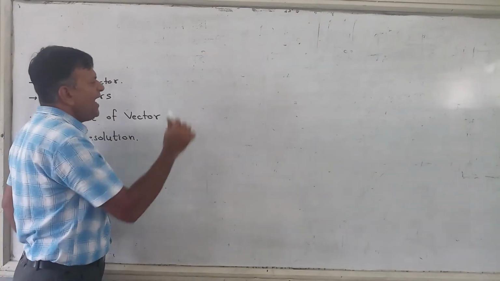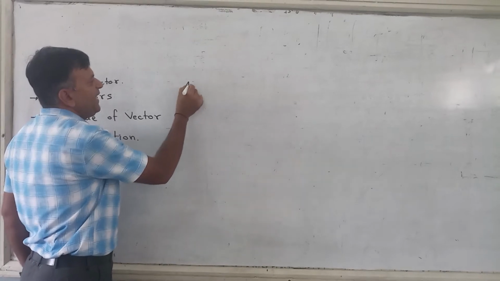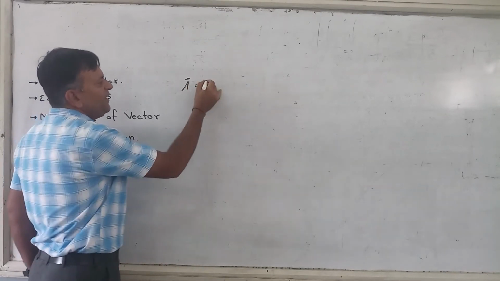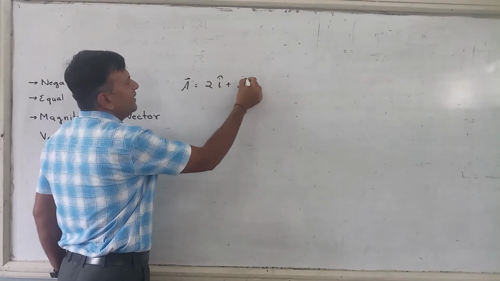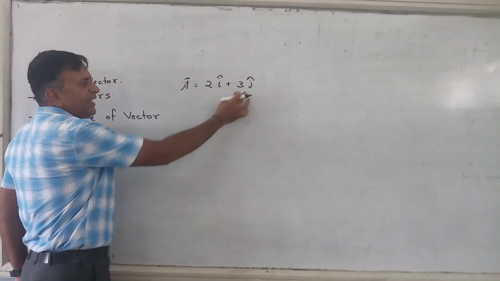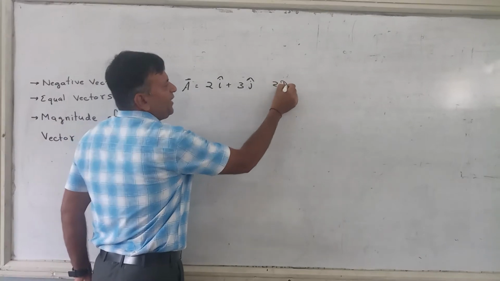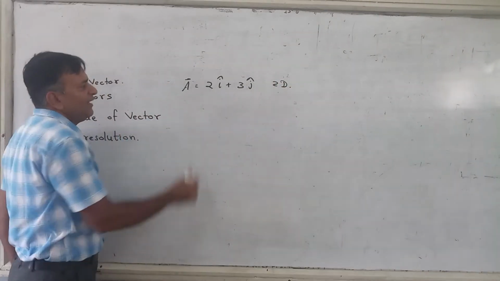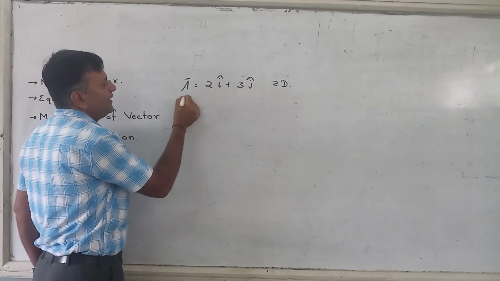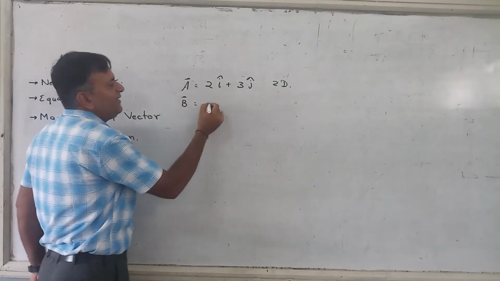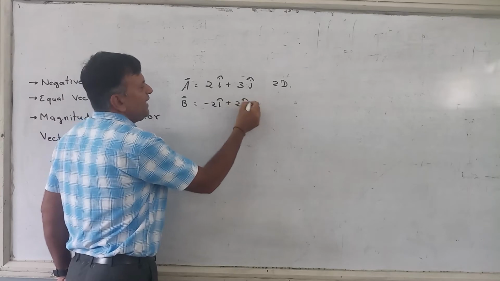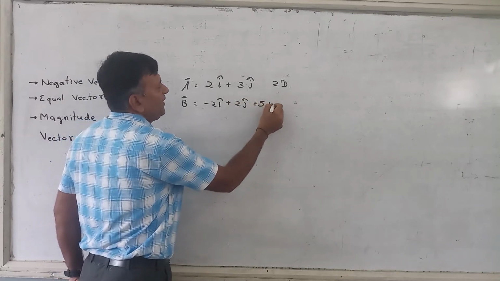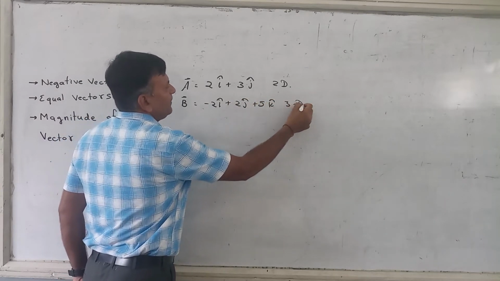Now, I have a vector A which is given as 2i cap plus 3j cap. There are two axes, so this becomes a two-dimensional vector. If I have another vector like this, minus 2i cap plus 2j cap plus 5k cap, what is this?